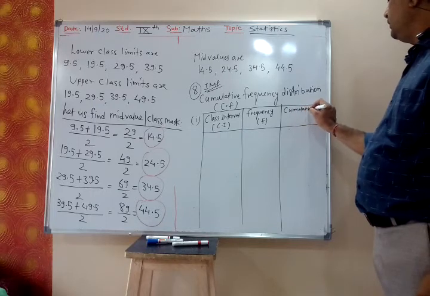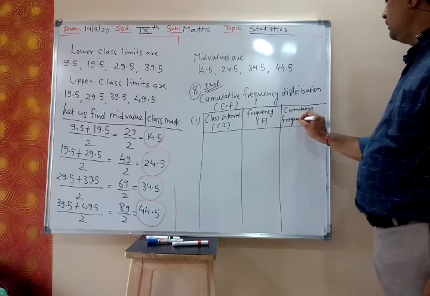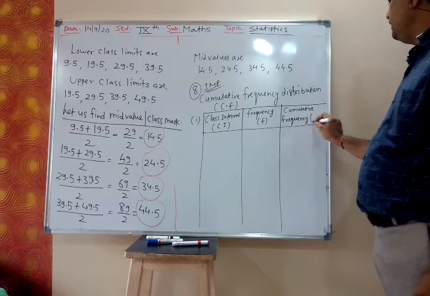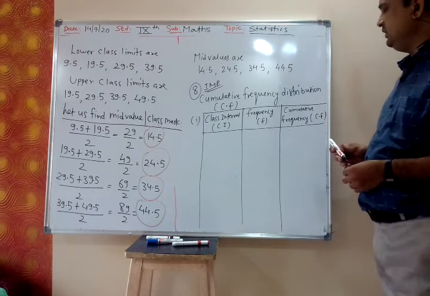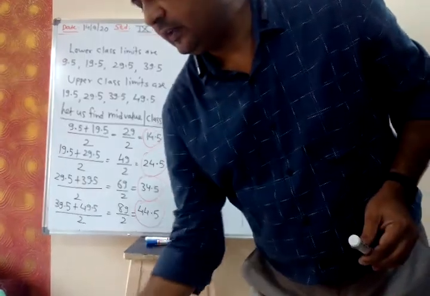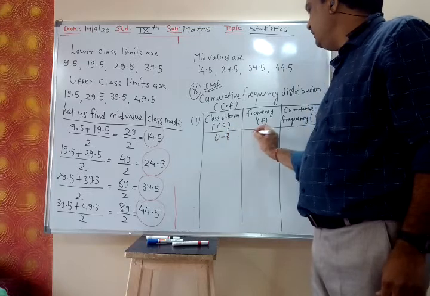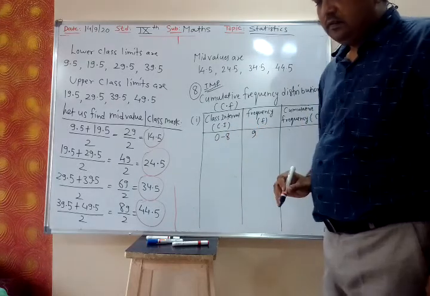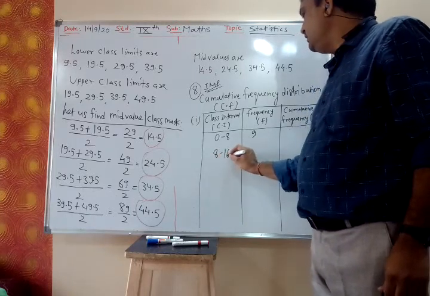Cumulative frequency, that is CF. The first class interval is given as 0 to 8, frequency is 9. Then 8 to 16, frequency is 13.